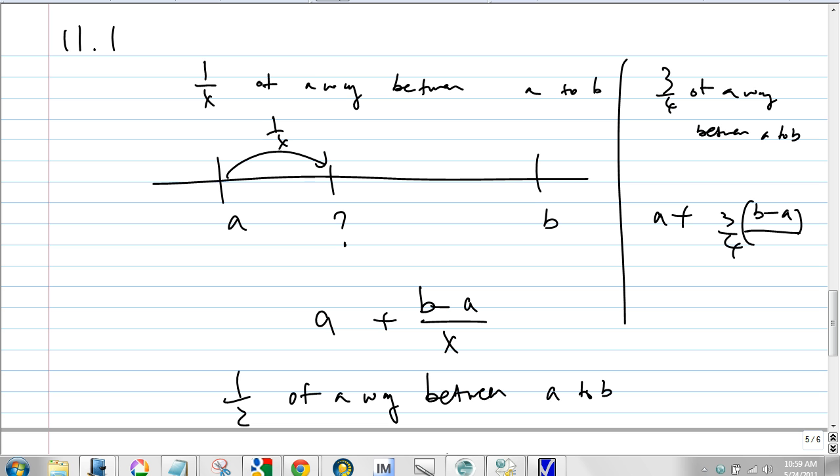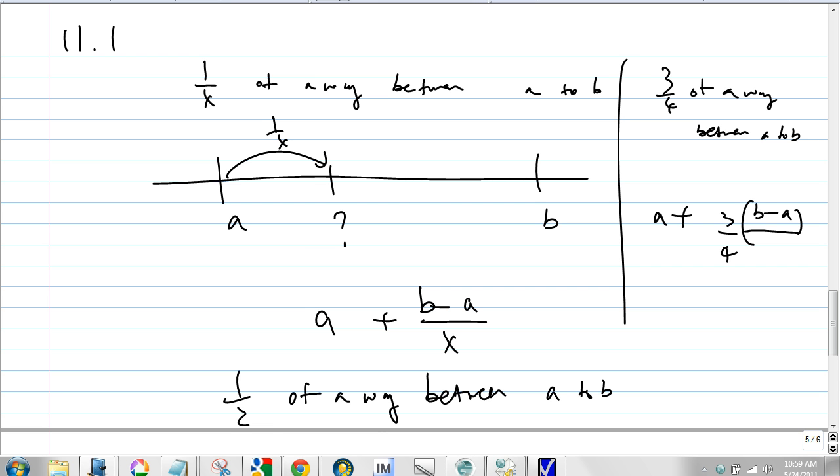You know what I'm talking about? So it's the same idea. B minus A is just that distance between A to B, and you're taking 3/4 of that distance and adding it to your starting point. That's what you're doing. Does that make sense? Well, that's how you do that.